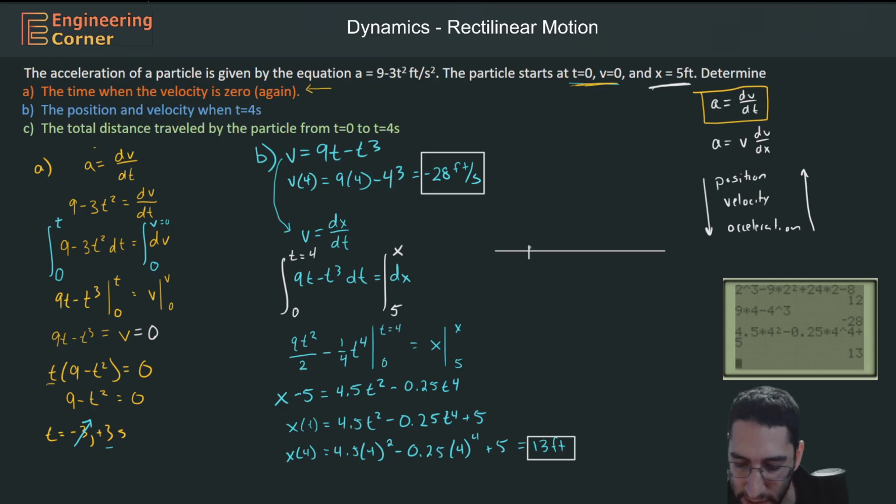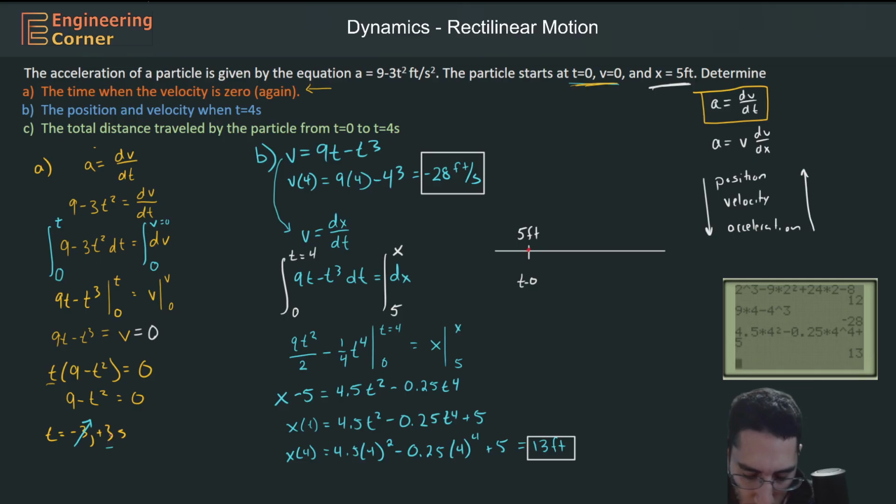So our starting position is at 5 feet. Now, when we're looking at this, we don't say we've already moved 5 feet. This is our 0 position. So we're starting at a position of 5 feet.